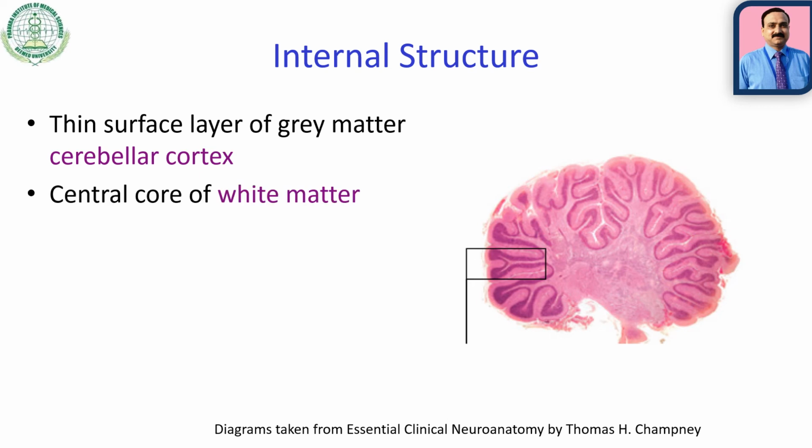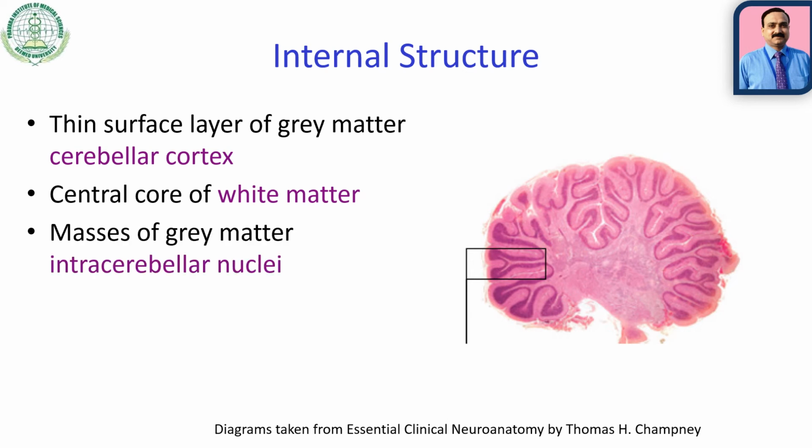The central core of white matter, you can see this is the central core of white matter. Then again, in the deeper part, there are masses of gray matter, and these are called intracerebellar nuclei. So outer gray matter, then white matter and intracerebellar nuclei.